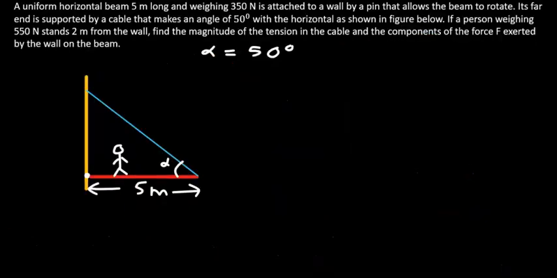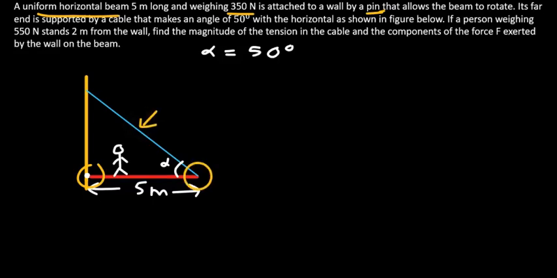Problem 2. A uniform horizontal beam 5 meters long and weighing 350 newtons is attached to a wall by a pin, that is here, that allows the beam to rotate. Its far end is supported by a cable.